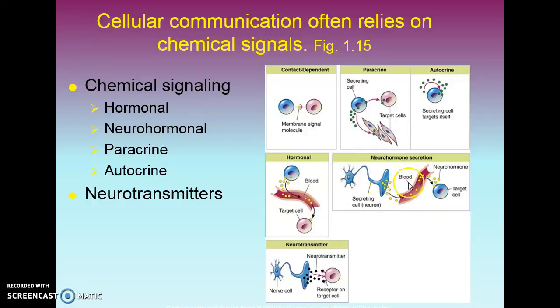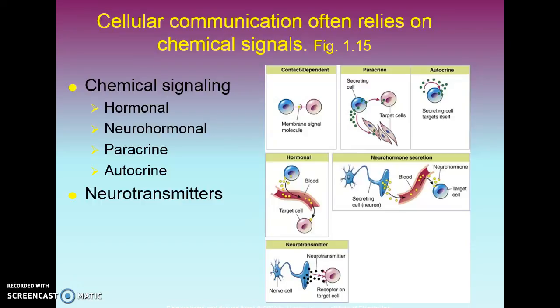The signal moves into the blood and moves to the target cell. Then here you take out the blood, and you simply have the nerve cell secreting the signal directly onto a target cell.